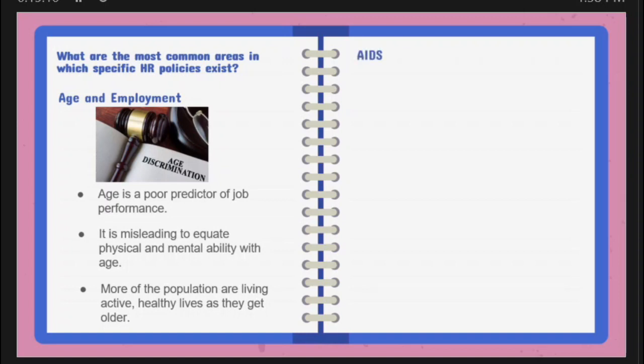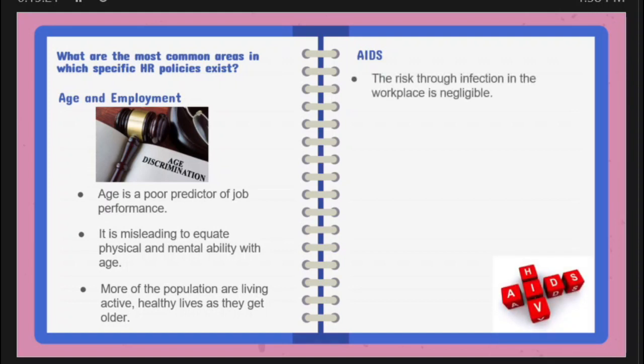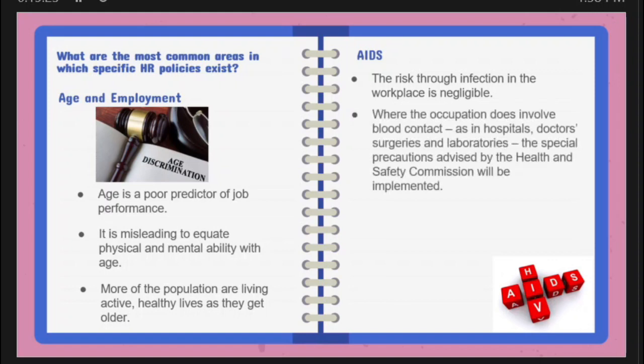And then, AIDS. An AIDS policy includes the following points. The risk of infection in the workplace is negligible. Where the occupation does involve blood contact, as in hospitals, doctors' surgeries, and laboratories, the special precautions advised by the Health and Safety Commission will be implemented.